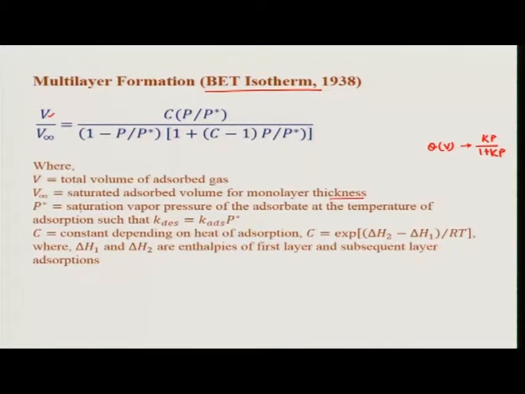P star is the saturation vapor pressure of the adsorbate at the temperature of adsorption. So, this is the pressure at which there will be an equilibrium. What is the pressure at which there is saturation at the given temperature? There is no change in desorption and adsorption rate, and it is fixed.